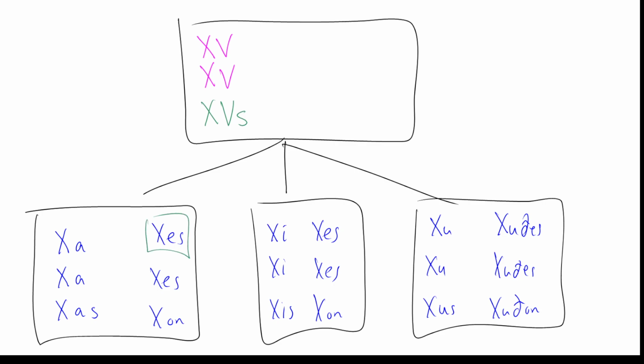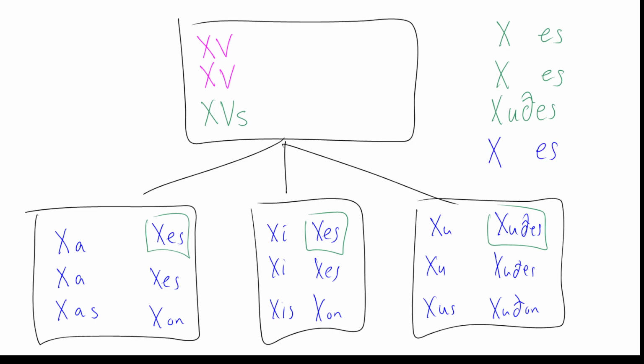Now for this next step, we see XES, XES, and XU, ES. So I'm going to do it the way that we did it before, the way I showed it, not how the book showed it. And let's write these words in a certain sequence so we can see the pattern. So if we write it like this, what is our generalization? Well, the root is the same, the ES is the same, and then there's a couple sounds in the middle that could be deleted.